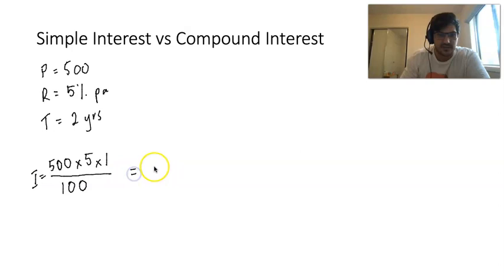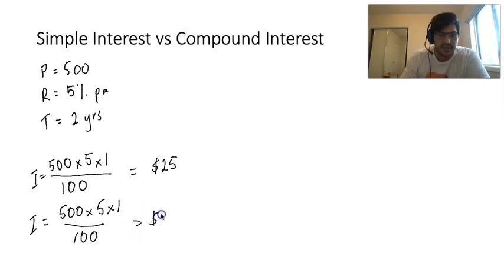And this is going to equal $25. For the second year, okay, the second year of interest, the simple interest equation doesn't change. We still have 500 times 5 times 1 divided by 100. And we get exactly the same result.